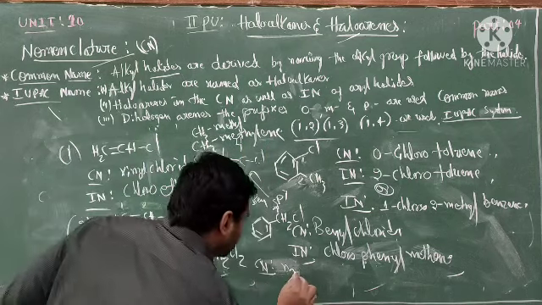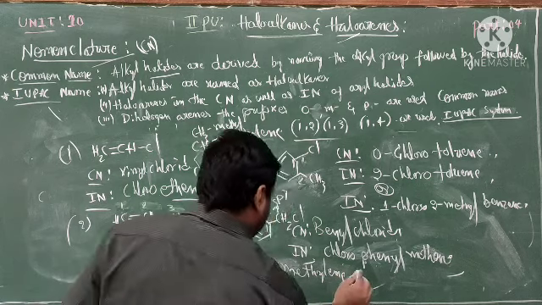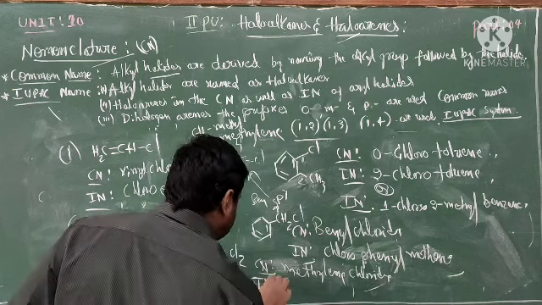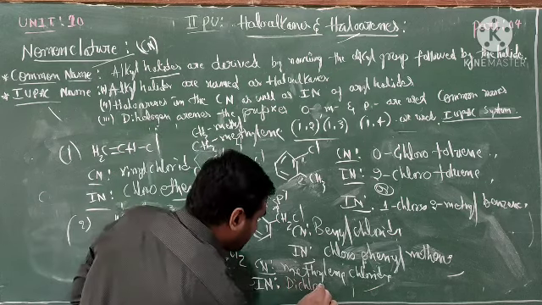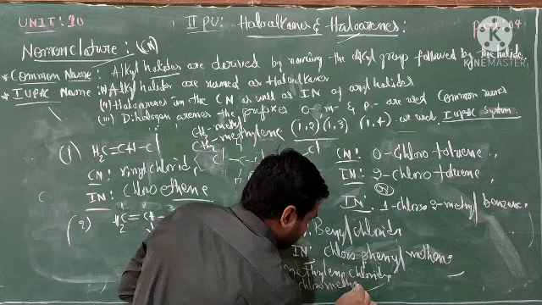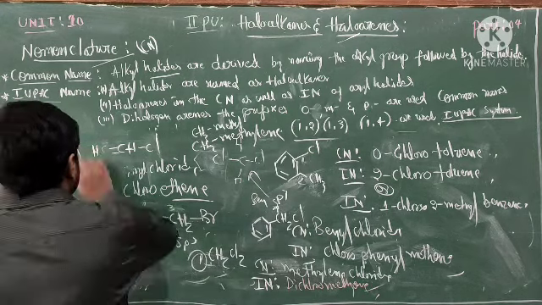So this is called methylene chloride. Okay, what about the IUPAC name of this one? Dichloromethane.